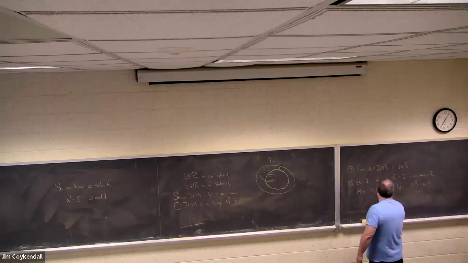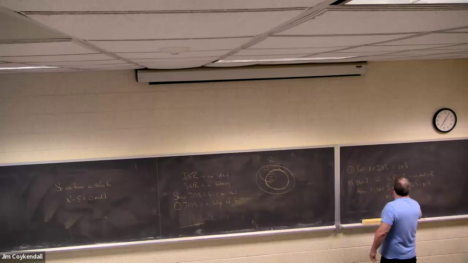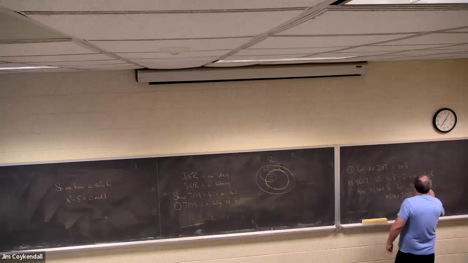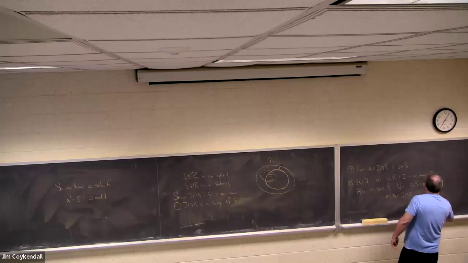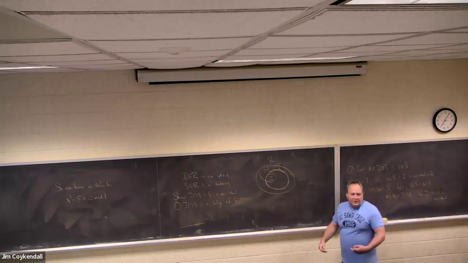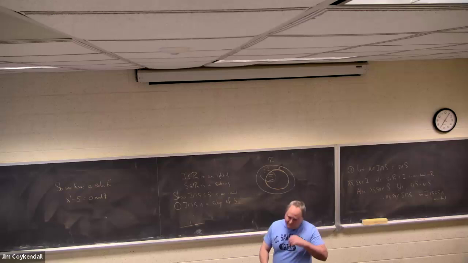Therefore, both XS and SX are in I and S. So I intersect S is a subgroup and it absorbs stuff from both sides.